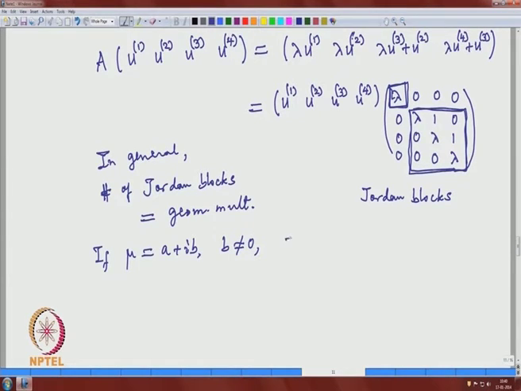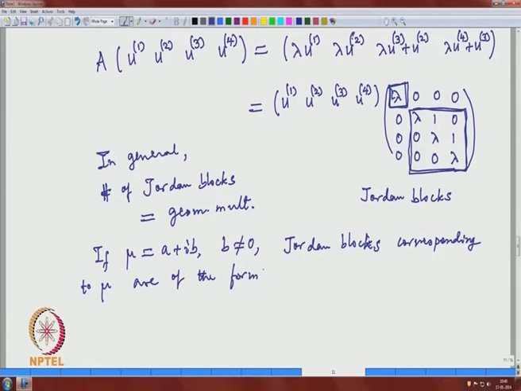The Jordan blocks corresponding to mu are of the form.